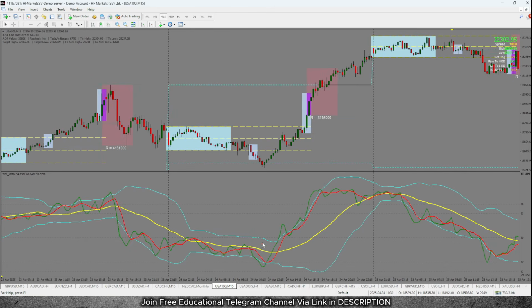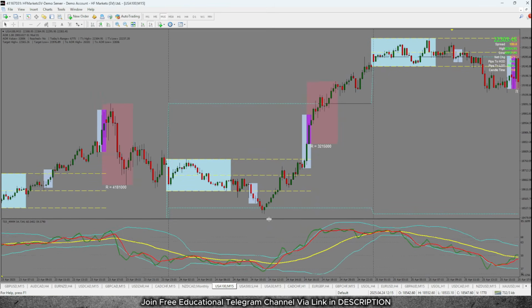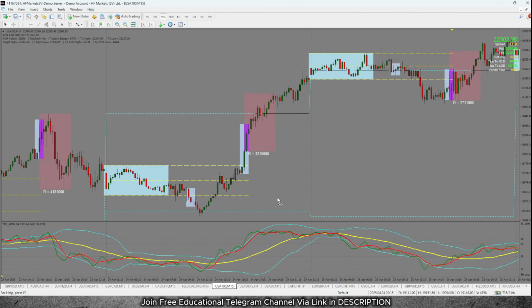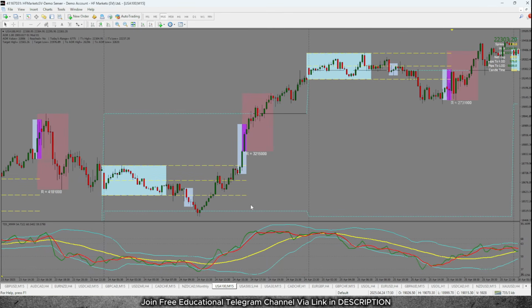That TDI was a point to tell us that the market has completed its stop hunt. So if the market has completed its stop hunt, we are ready and good to go, and the market went in our direction like that.